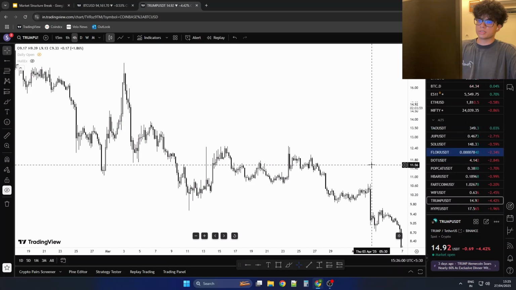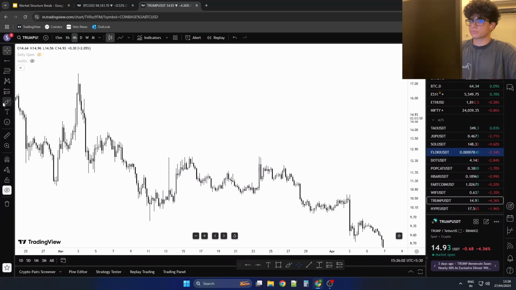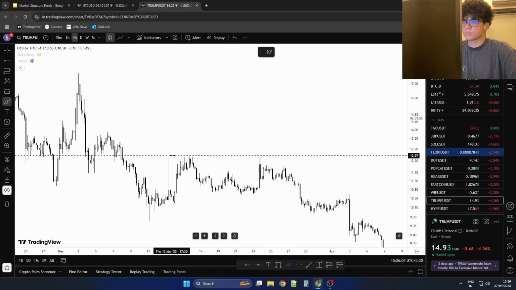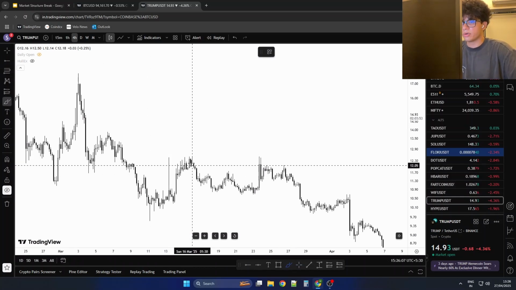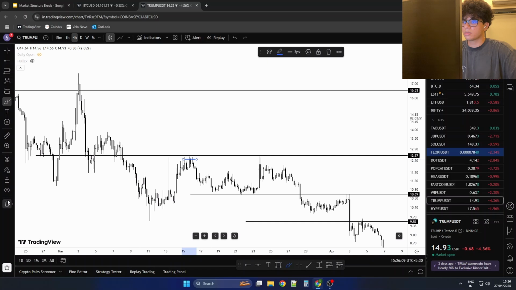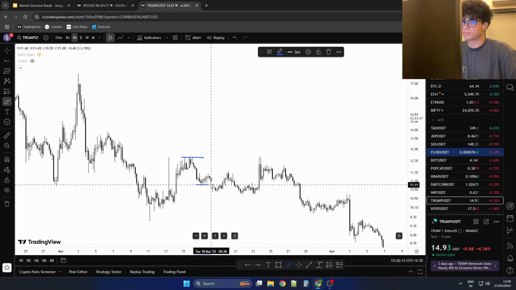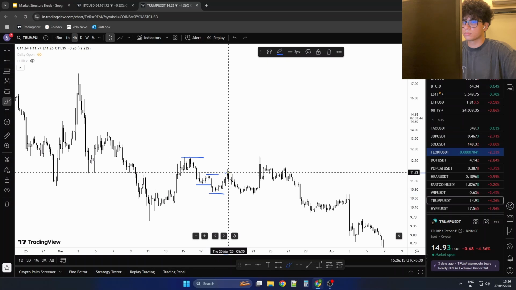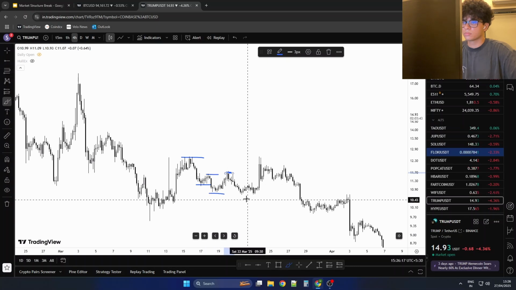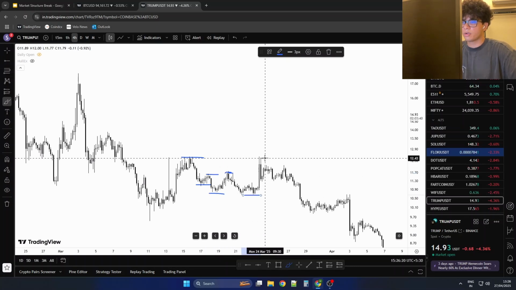Yeah, you guys can see this setup here. So, we were in a downtrend. Let me just get rid of these lines. So, we were in a downtrend, right?